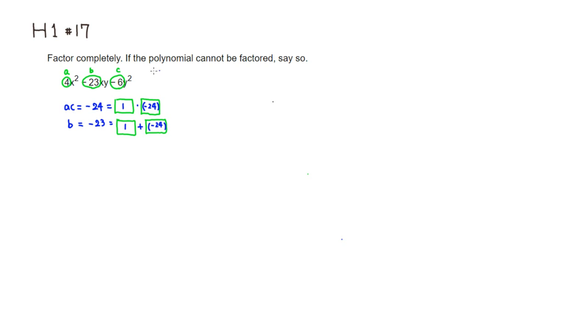So we can rewrite this as 4x squared. There's no change there. Here, instead of writing negative 23, I'm going to write 1 times xy, and also negative 24xy, so it's a minus 24xy.